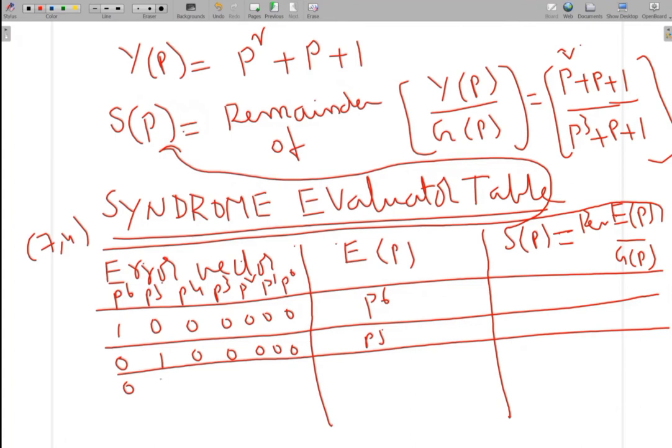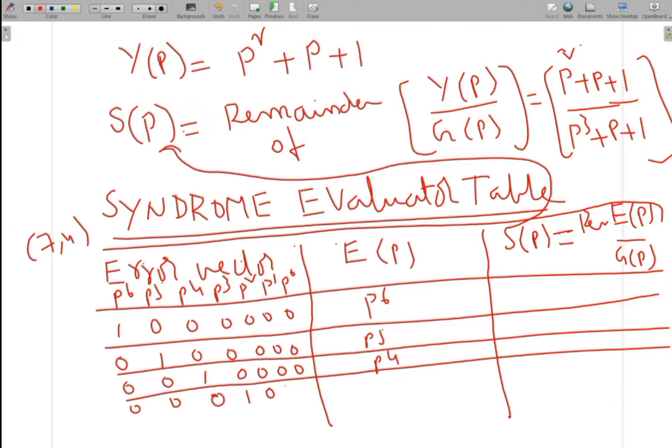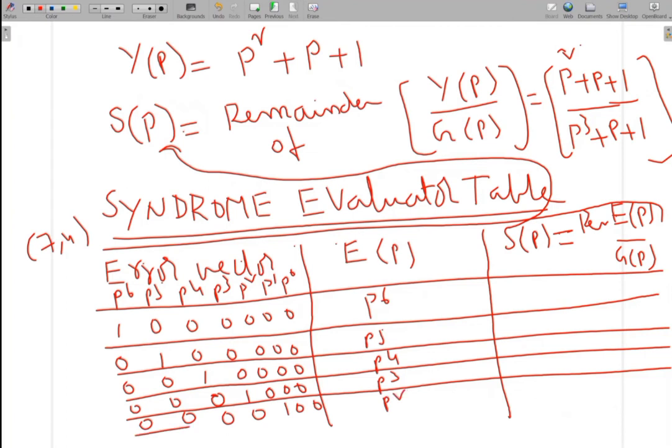Next 0 0 1 0 0 0 0, p power 4. 0 0 0 1 0 0 0, p cube. 0 0 0 0 1 0 0, p square is there.